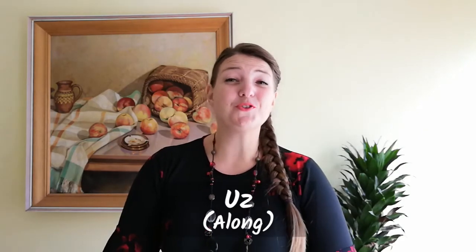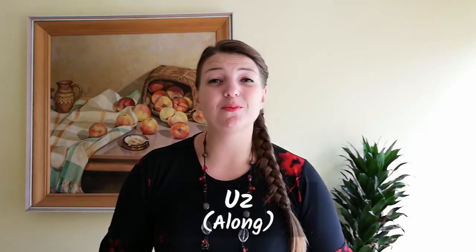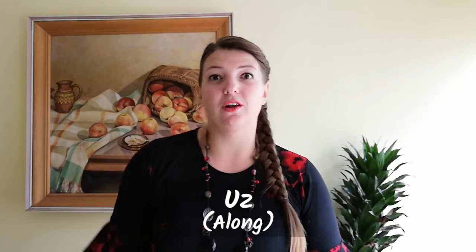The next preposition is the preposition uz. Now, again, there are several translations for this preposition. The best way to understand it is if you're walking upwards along something, actually if you're walking alongside of something, or it can even be used when you're standing by something or along something, if you're leaning against something.